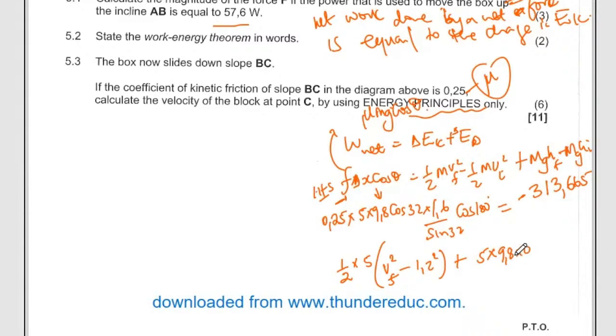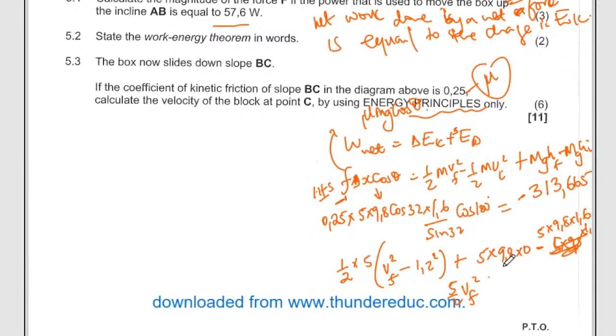Then I'm subtracting 5 times 9.8 and then the 1.6. So when I simplify this, I'm having 5 over 2 vf squared.